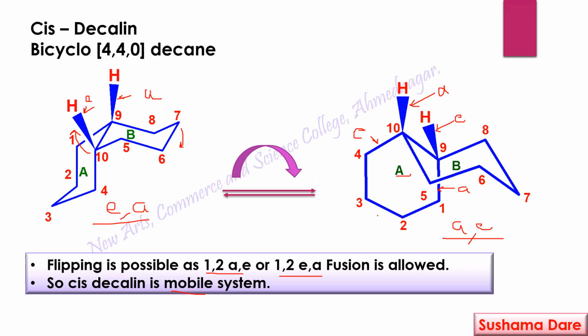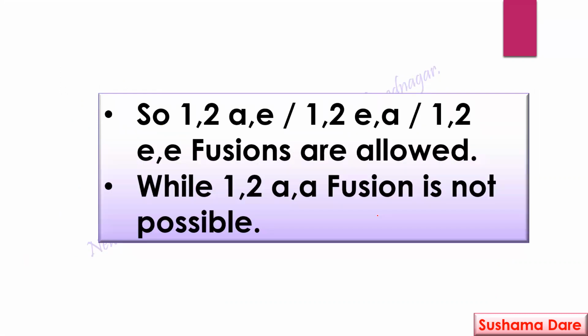So for 1,2 fusion, there are three types of fusions allowed: 1,2-AE, 1,2-EA or 1,2-EE. 1,2-AA fusion is not allowed at all. The same is written over here.